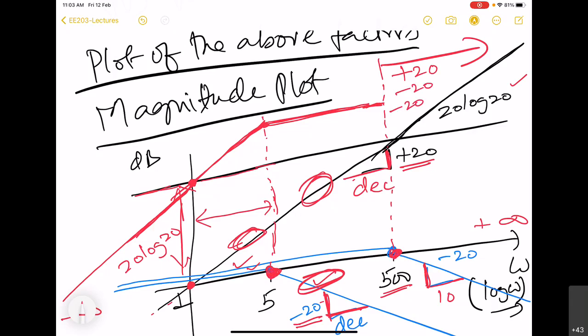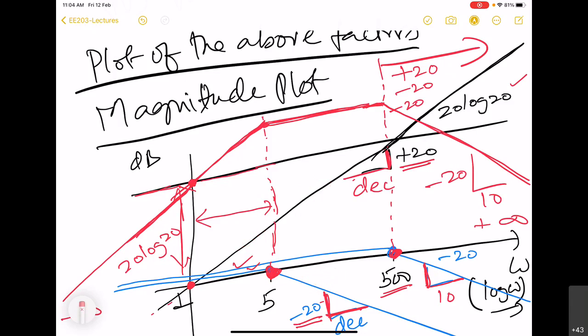So we can see that there will be a net decrement of minus 20 dB after this 500 frequency. So the plot is going to be like this, minus 20 dB for every tenfold increase in the frequency, right? So this is the overall plot of the transfer function.